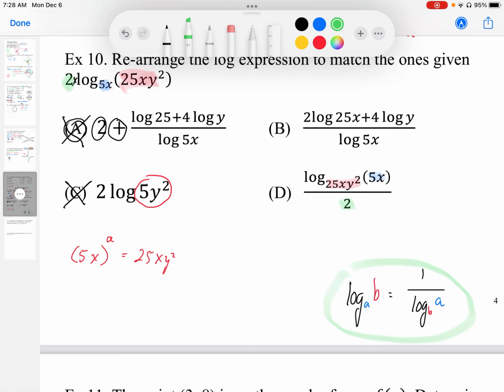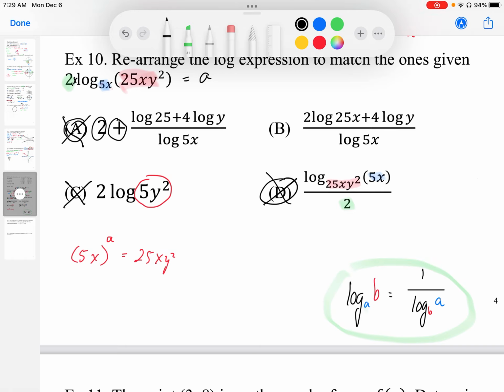In this case, this doesn't work because we've just gone from times 2 to divide 2. That's not taking the opposite power of whatever that power was. The power is on the other side of this log expression, so we'll call that power a. If we were to write this as 1 over a, that would work, but this is not the case. We also went from power 2 to root 2 in this case. So this D doesn't work either.